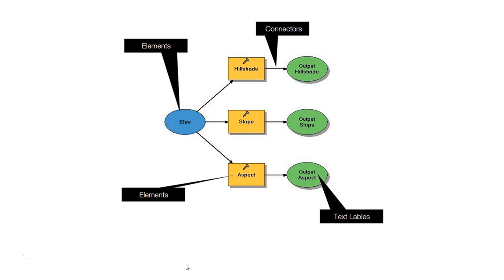It's sort of a diagramming line tool, and the text labels were very important for understanding how our inputs are named, and also the naming of our outputs so we can find them if we need to. And the model builder doesn't necessarily drop your features into an active map window. It's usually going to just default them to your Scratch folder or to a default geodatabase.